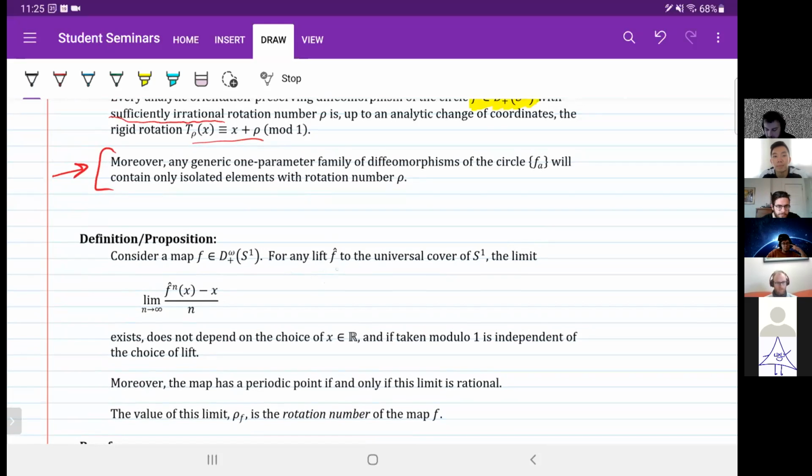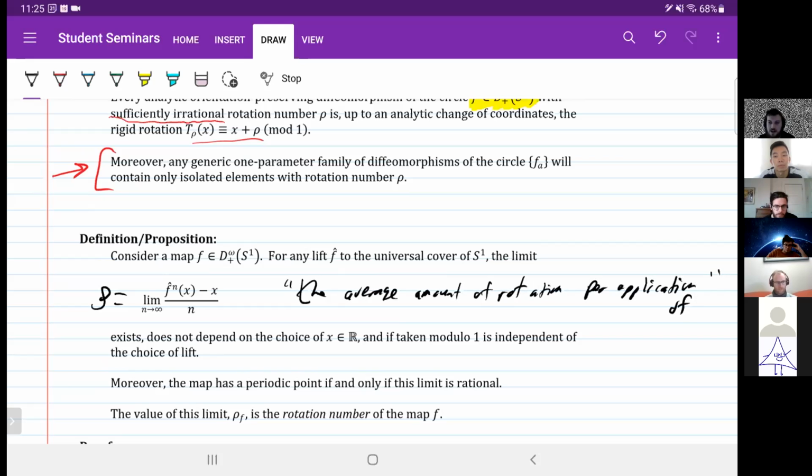And so for any lift to the universal cover, we're going to define the rotation number to be equal to this limit. So this is the limit of where I apply the lift n times to x, and then I subtract off the point I started, and I divide by n. So this is the average amount of rotation per application of f.